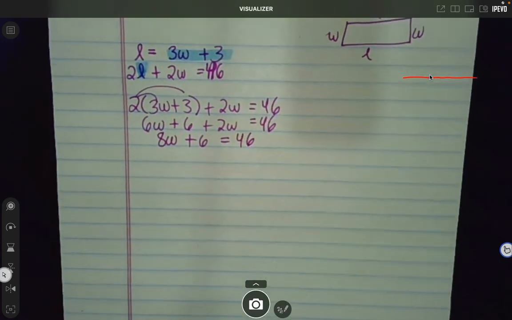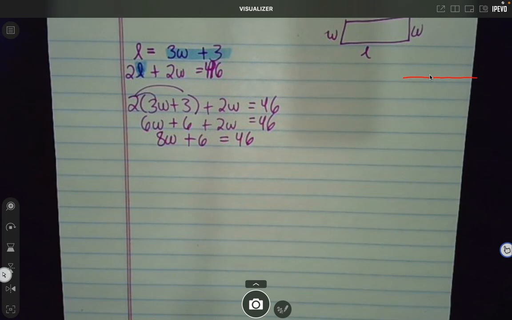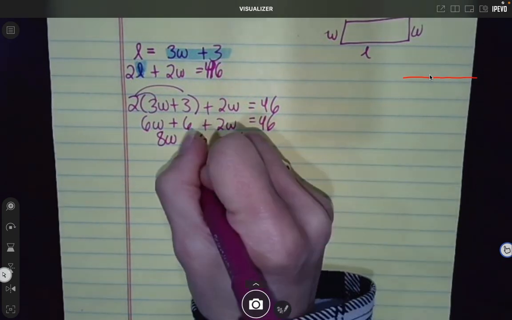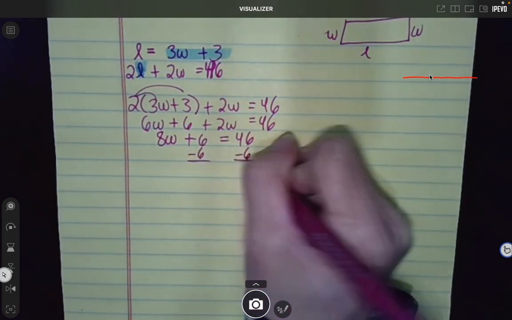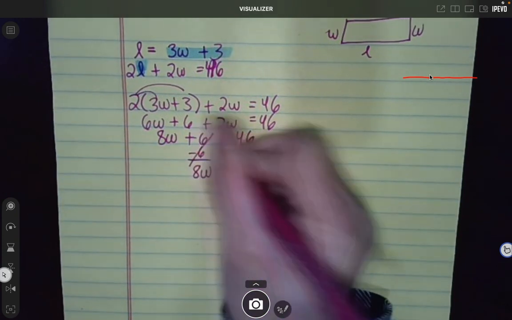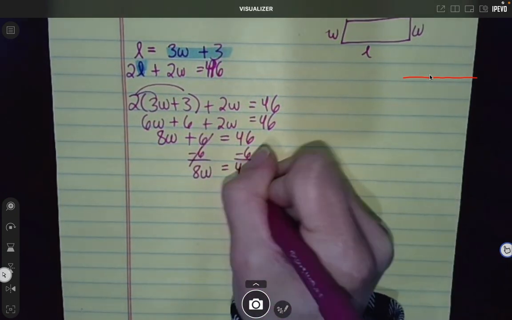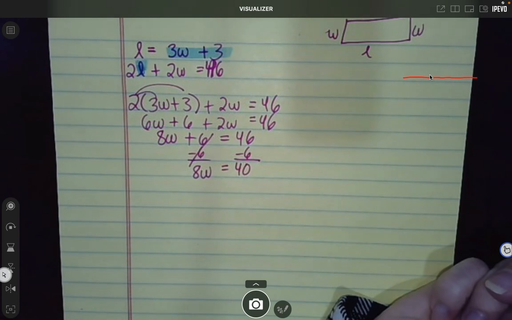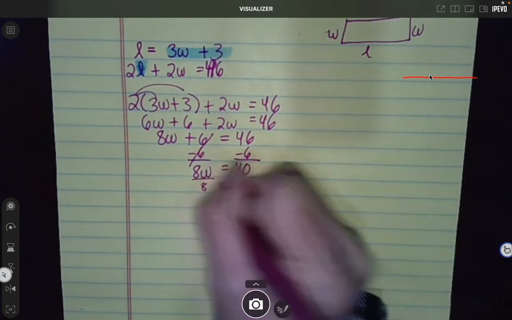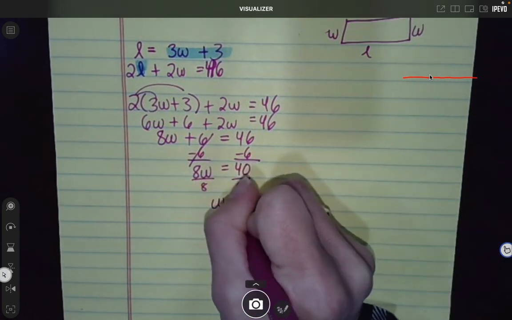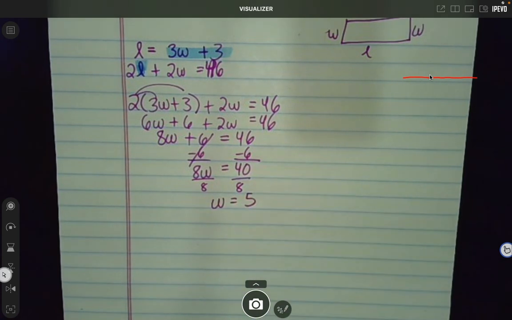Then what? We're going to divide next. But what's the first? Yep, we're going to subtract 6. So 8W, because that goes away, equals 40. Then what? Now we divide by 8. So our width is 5. And what does it ask us for? The width and the length.